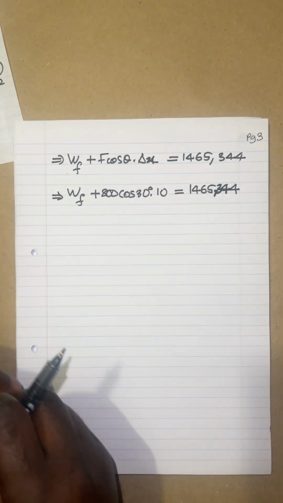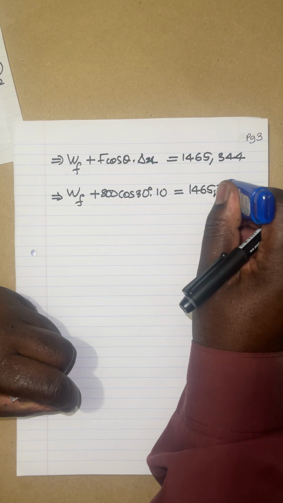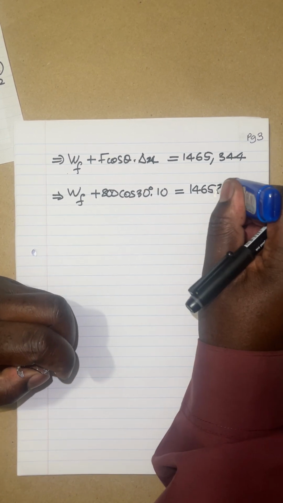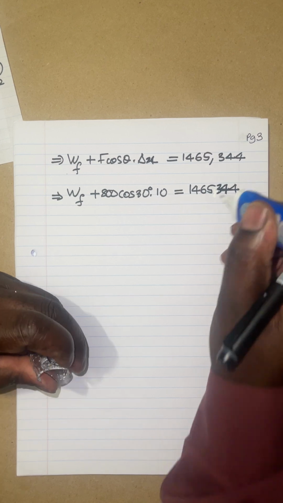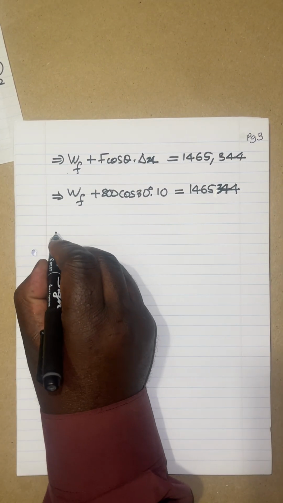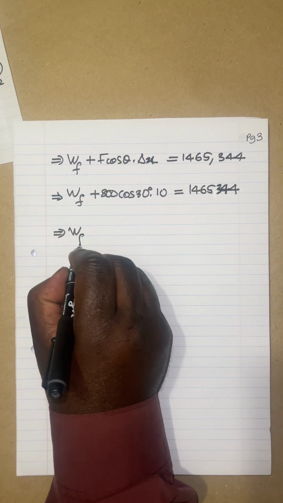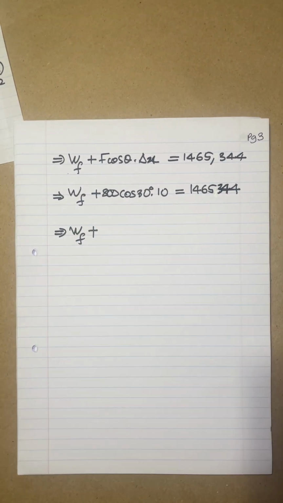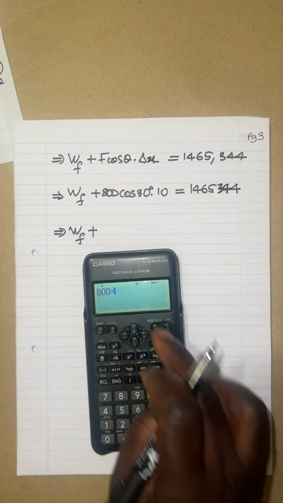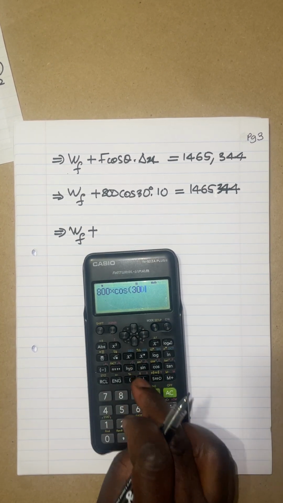Doesn't look very nice here. Let me just clean up a little bit. Let me remove this comma here. Yeah, 344. It can be seen from there, and I'll put a comma there in a few minutes. So this is work done by frictional force plus, let me compute this. So that's 800 times cosine of 30, and then times 10.